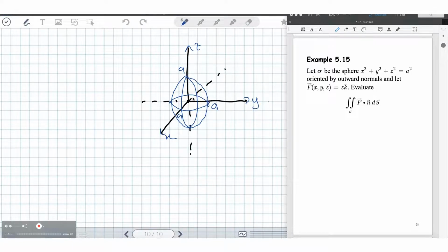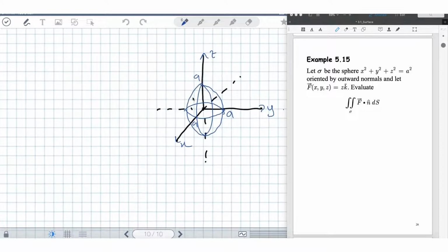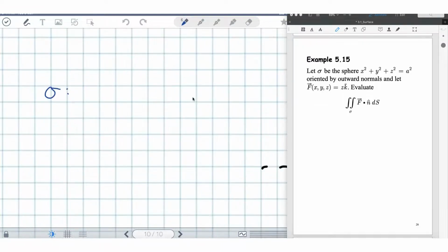Now, when we are talking about the surface, what is the surface equation? In this case, from the sphere, it is x squared plus y squared plus z squared equals a squared.